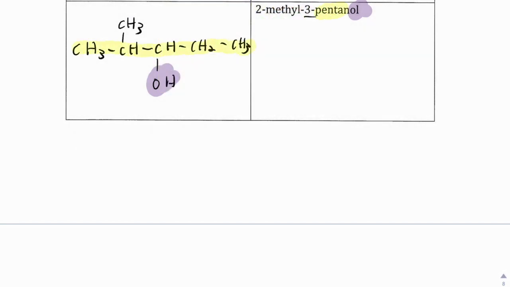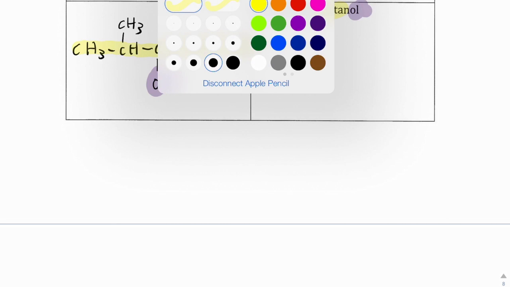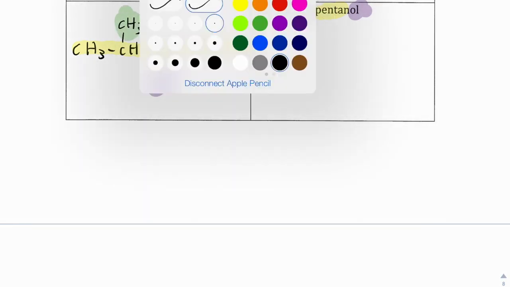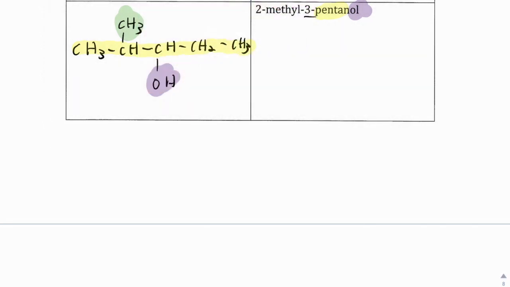And I had a methyl on my second carbon, right here, and I started numbering this molecule from this side over here. Meaning that you will always start off by going here when you're drawing them.